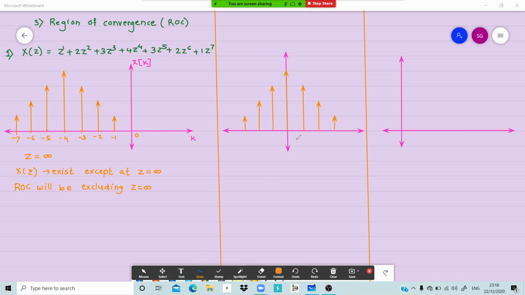Okay, so 0, 1, 2, 3, and -1, -2, -3, the rest of the things are the same. This is k, this is x[k].